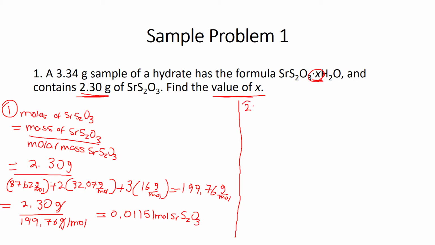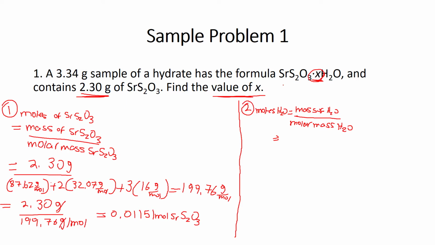The second step would be to find the moles of H2O, which again is equal to the mass of water over the molar mass of water.